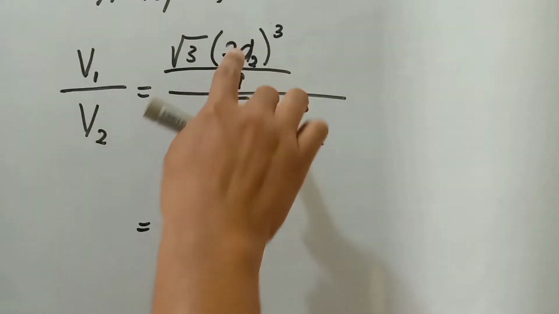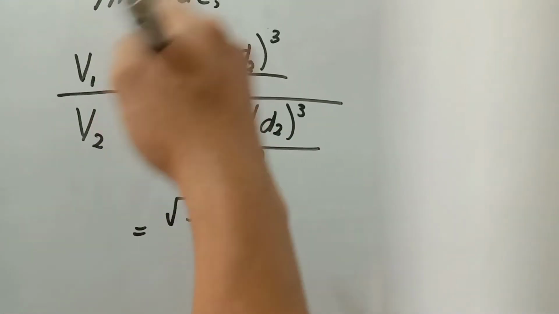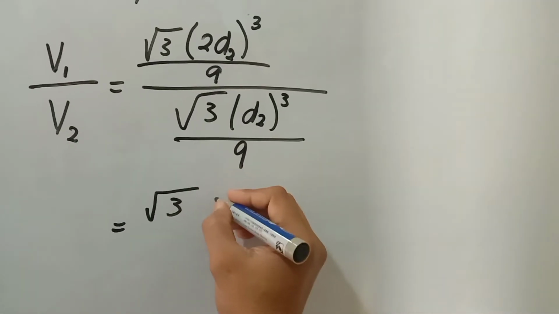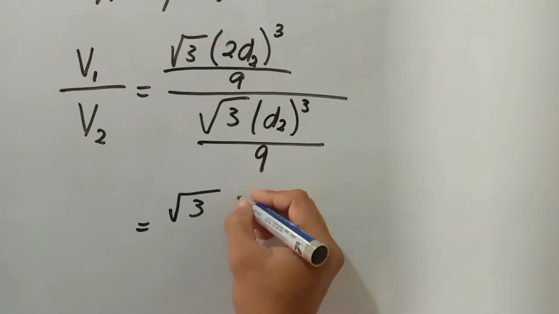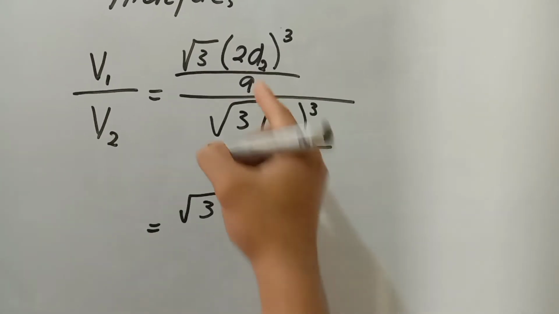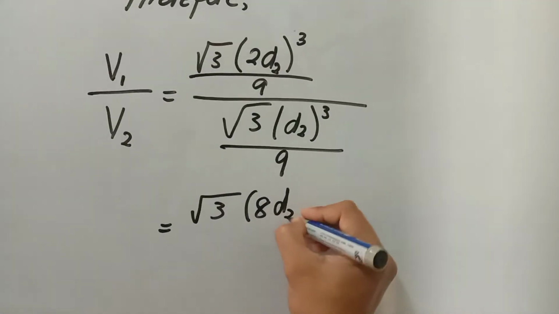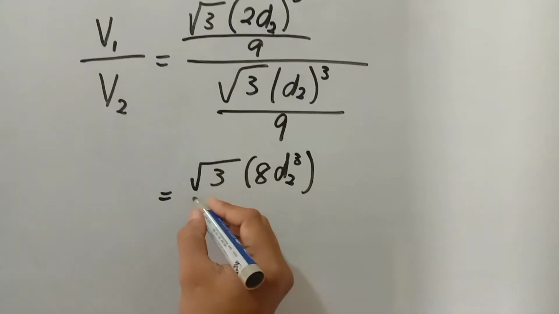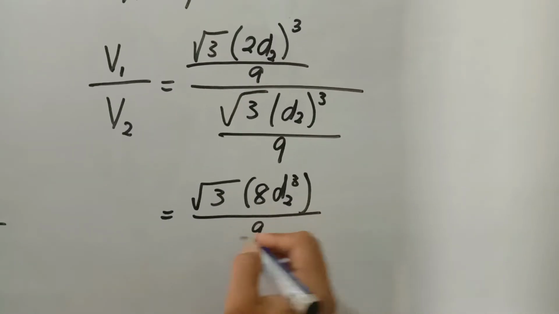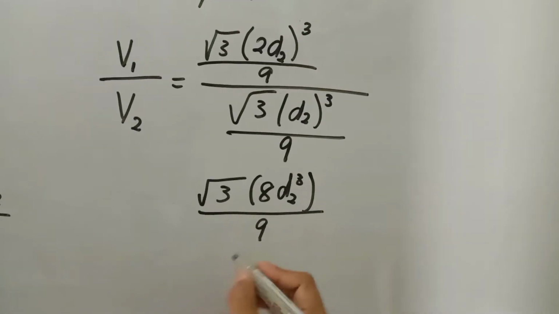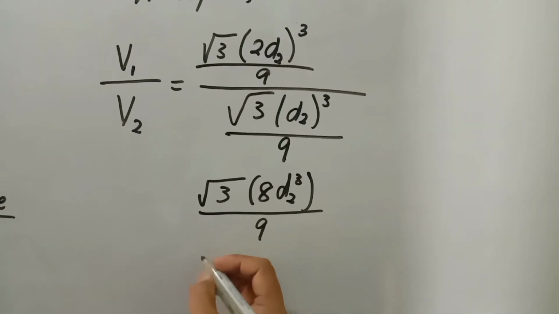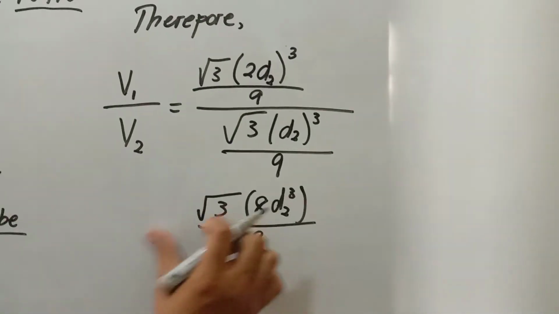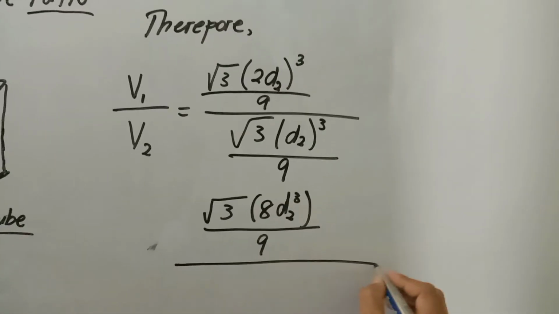2 to the power of 3: 2 times 2, 4, 4 times 2, 8. So this will be times 8 D2 cube over 9, all over, how much?